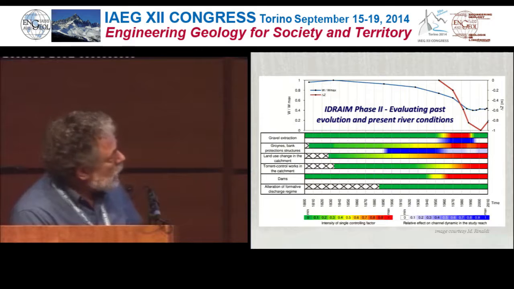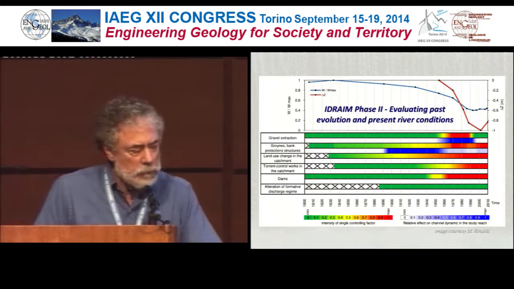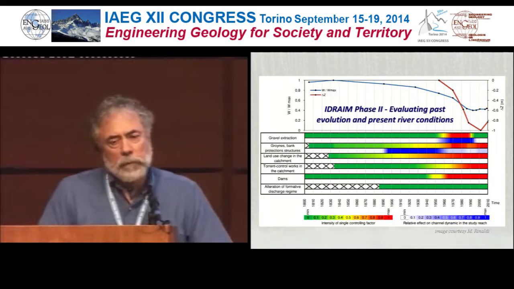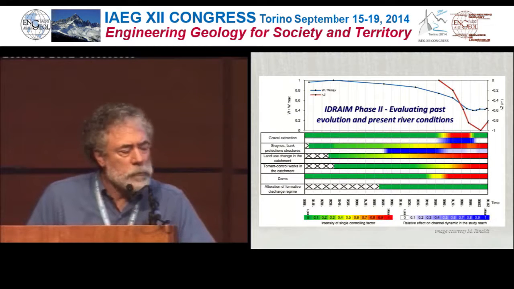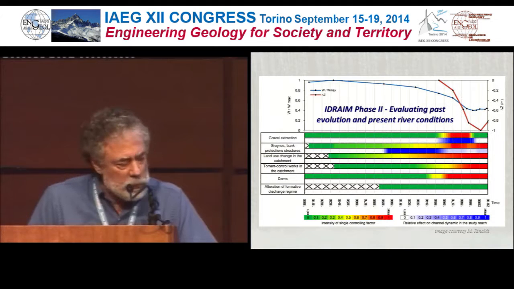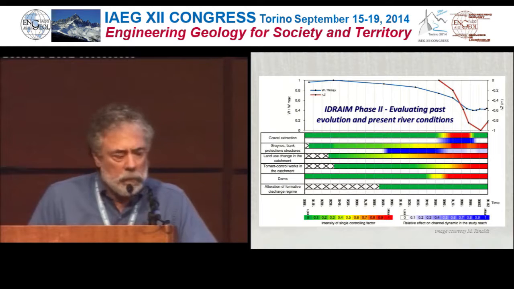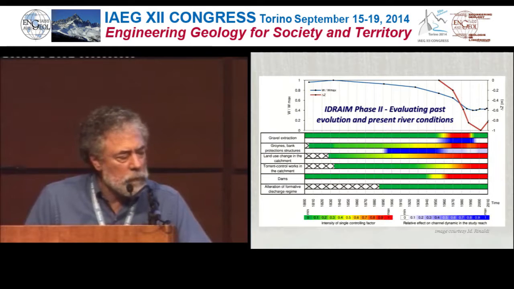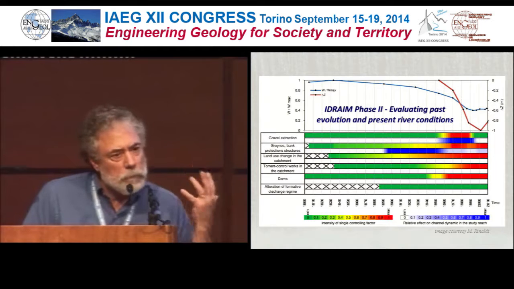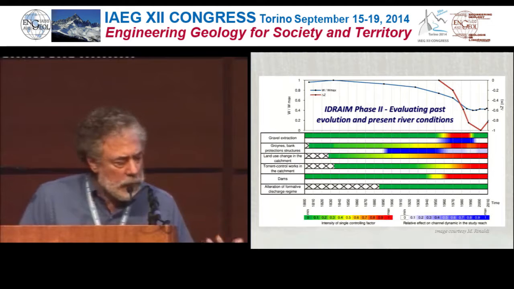So these bands represent a time series of historical interventions in the river. At the top of the graph is the response of the river system over time, both in terms of its width, shown in blue, and its bed elevation, shown in red. Basically, what Rinaldi, Surian, and colleagues have shown very clearly is how, over time, because of the cumulative effects of these multiple forcings, the river systems have both incised and narrowed.